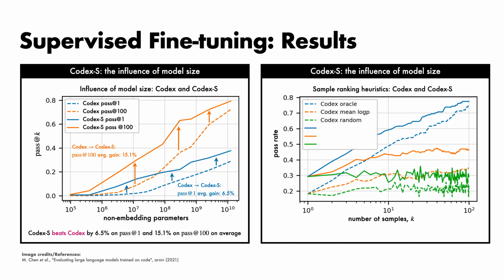These can be contrasted with the solid blue line for Codex-S with the oracle, the orange solid line for Codex-S mean token log probability ranking, and the green solid line for Codex-S with random selection. In addition to the stronger results obtained by Codex-S, we see that it benefits more from using a useful heuristic, with the average benefit of ranking samples by mean log probability yielding a 2% greater gain on average for Codex-S than it does for Codex.